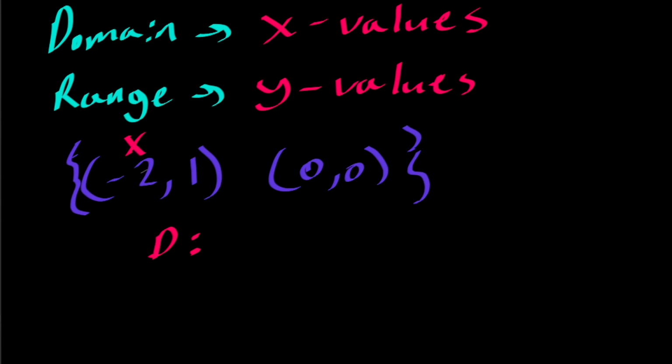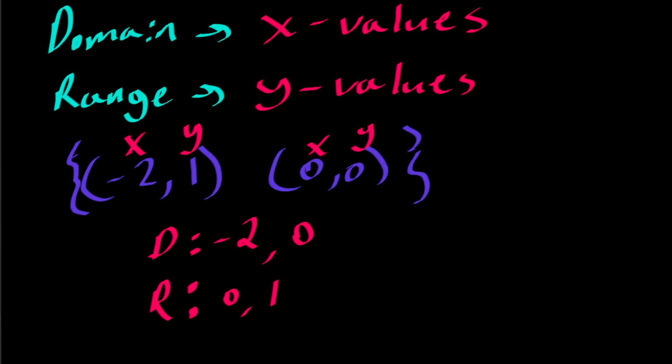So -2 is an x value, and 0 is an x value. That's my domain. My range is just the y values, the second coordinate in the parentheses. That would be 1 and 0, so I could say 0, 1. It's that simple. That's how you find the domain and the range.